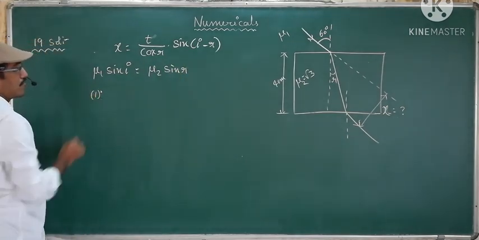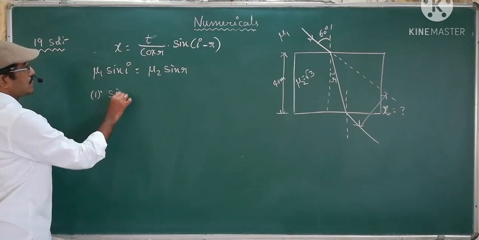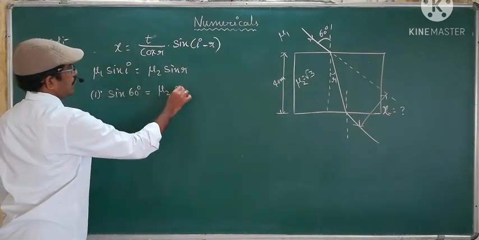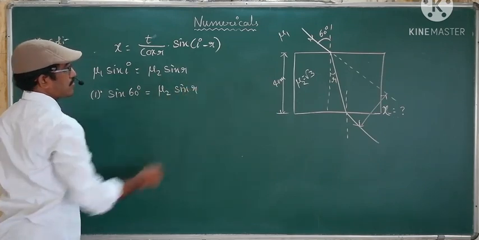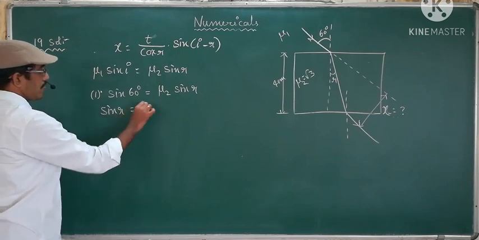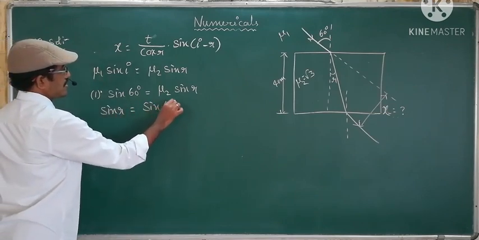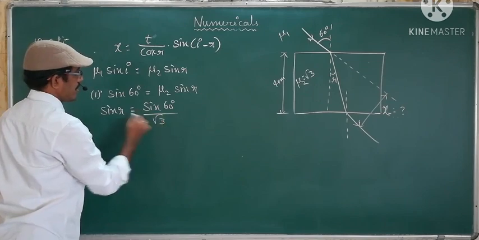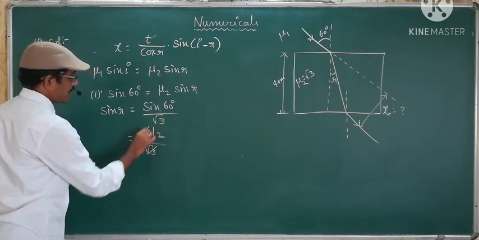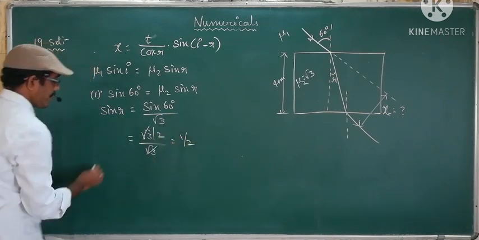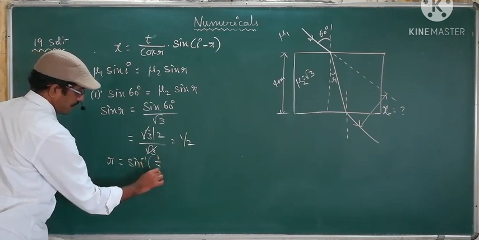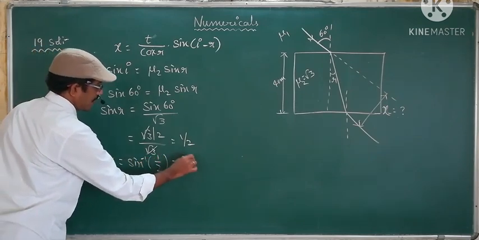Mu1 is equal to 1 for the air medium, into sine 60 degrees, is equal to mu2 into sine r. Here mu2 is equal to root 3. So sine r is equal to sine 60 degrees divided by root 3. Sine 60 value is root 3 by 2, divided by root 3. Root 3 cancels. This is equal to 1 by 2. r is equal to sine inverse of 1 by 2. This is equal to 30 degrees.